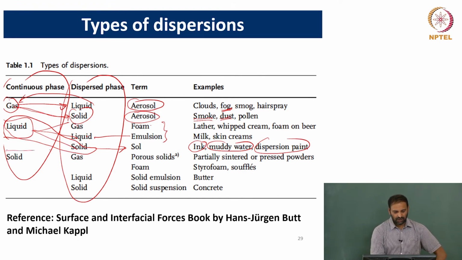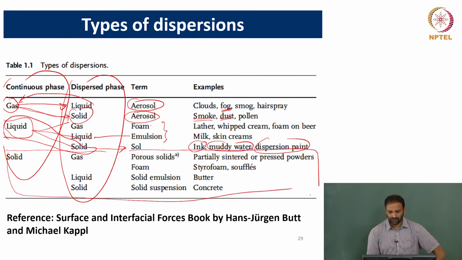We will mostly not look at cases where your continuous phase is solid. There are other people who look at such systems, for example, an example of a solid emulsion could be liquid and solid. For example, butter is an example of that. Concrete is a solid and solid dispersion.